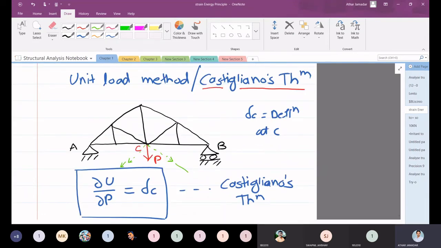So suppose this load acting is P. Can we express all the other members in the truss in terms of P?